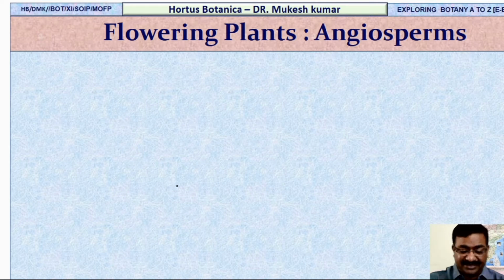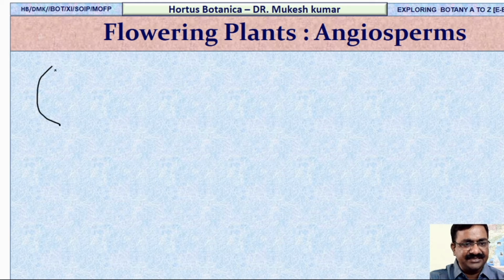What is it? See, we have this embryo sac. In the embryo sac, we have the synergids, and this is the female or egg gamete.